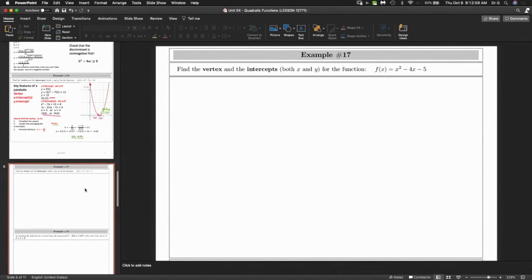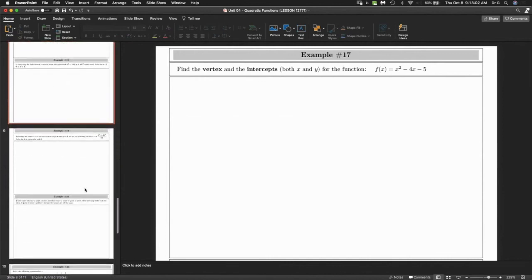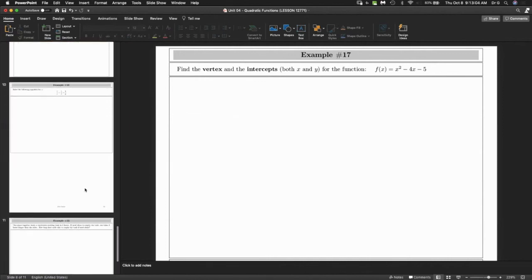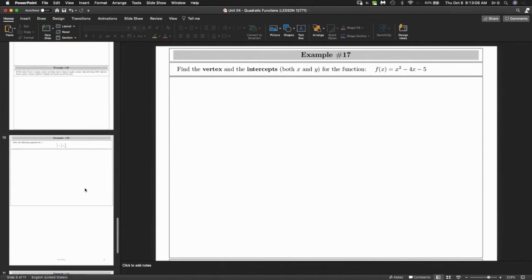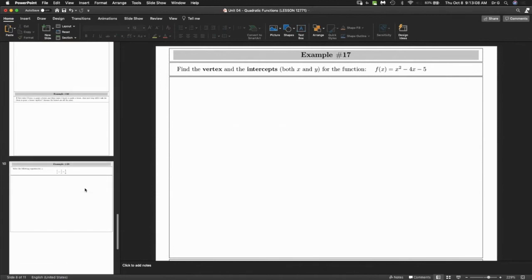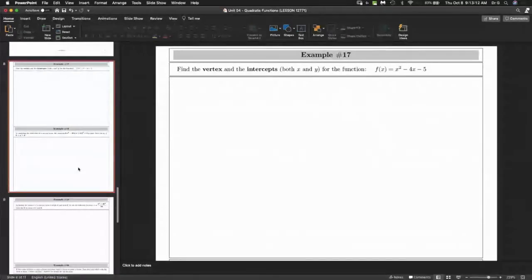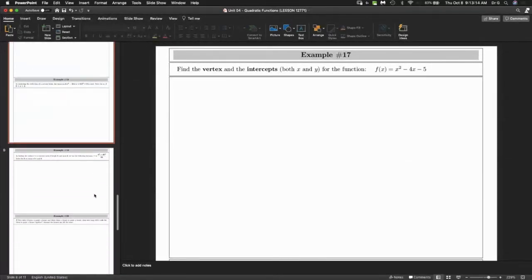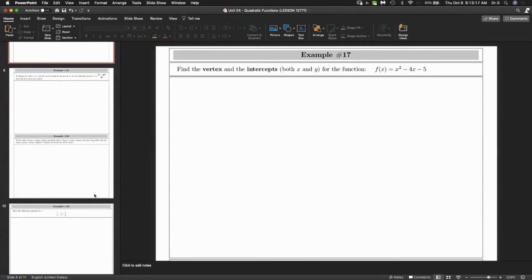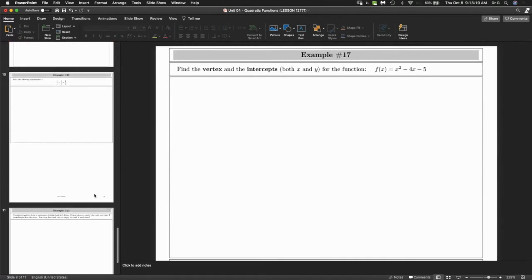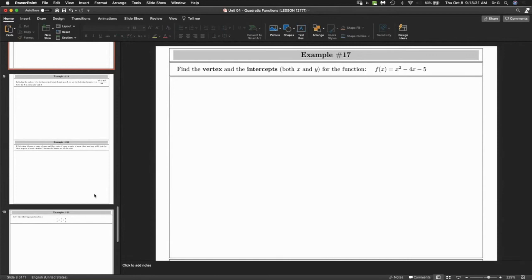So now we are in a position where we can do some application questions. I think what I will do with you is skip questions 18 and 19, and do questions 20, 21, and 22.